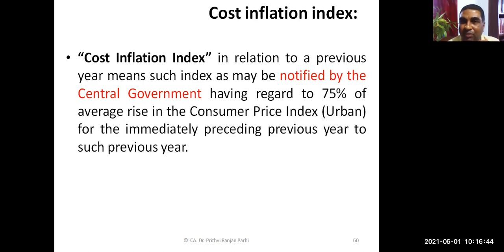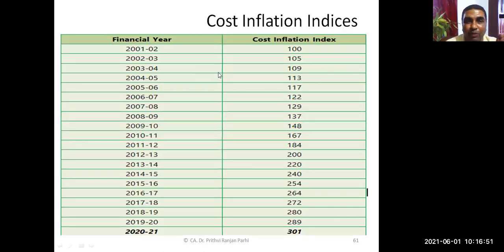Factoring it with 75%, the government notifies this cost inflation index, and this is the number I was showing you and using. As you can see, right now CII is available from 2001 to 2021. Earlier there was some other index, available from 1981 onwards, but right now it is available from 2001 onwards.